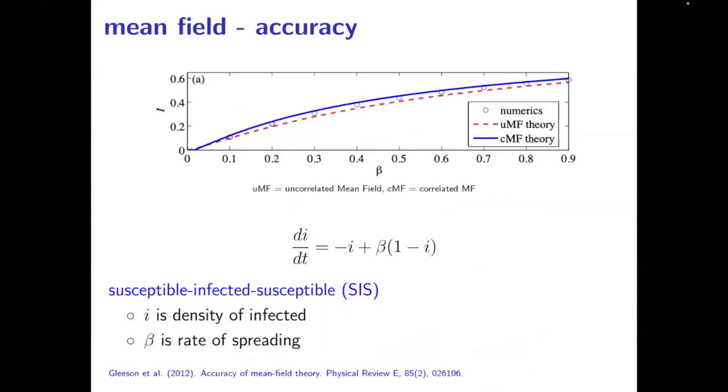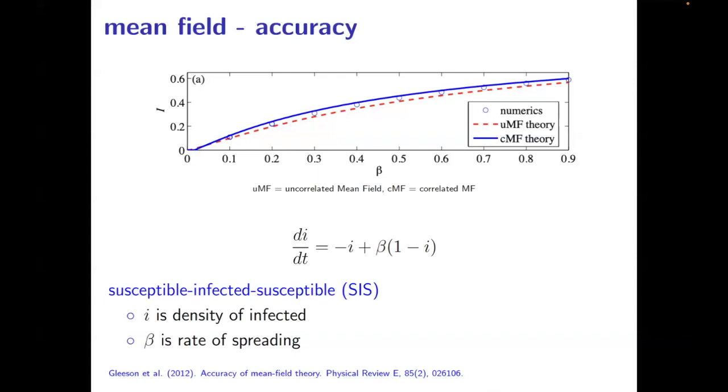But the question was, how do you know when it works well? When does it stop working? What's the point that it turns out to be a bad approximation? I think there are some examples where it's a bad approximation, but there's a specific paper by Lourens and others who looked at several different models and at what kind of real world graphs it would work. One of the models is the very simple infected susceptible model, where I is the density of the infected and beta is the spreading rate.